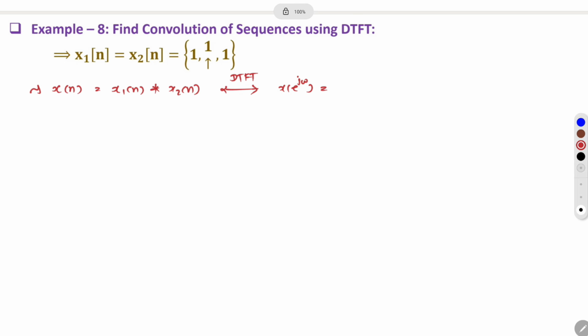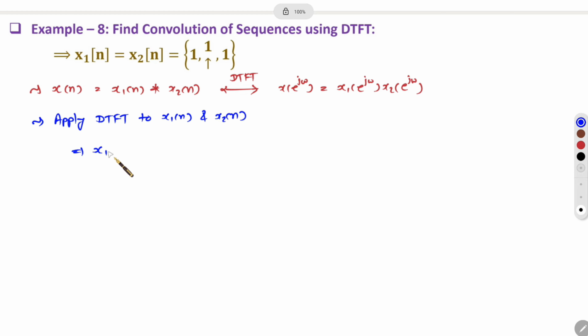And here when you have convolution over here, at that time in frequency domain, there will be multiplication, right? So that is what the property which we have with DTFT. So now what I'll do is I'll be applying DTFT to x1 of n, that is same as with x2 of n, right? So apply DTFT to x1 of n and x2 of n.